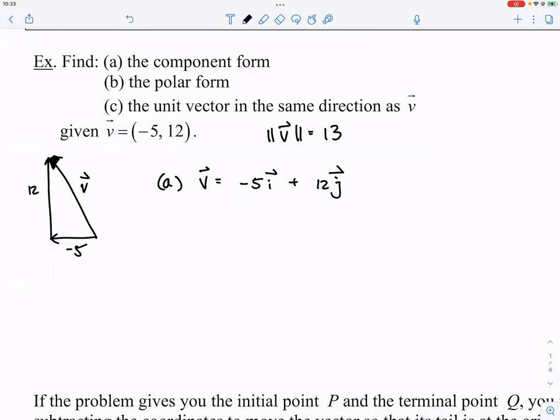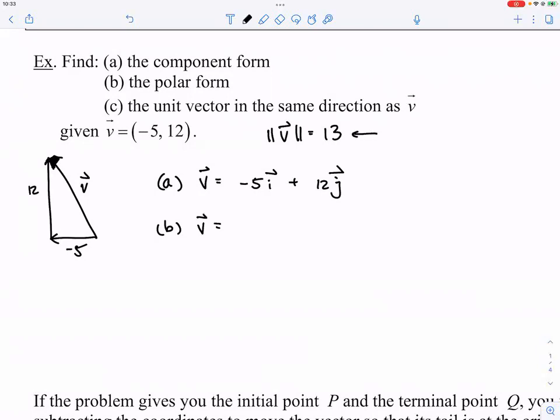Make sure you put a little arrow above i and j to indicate that they are vectors. Okay. Now, what about the polar form? For that, we will need our radius and our theta.